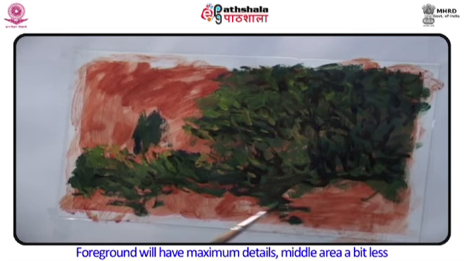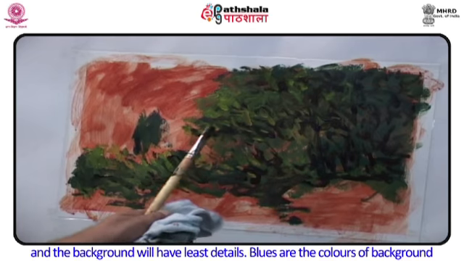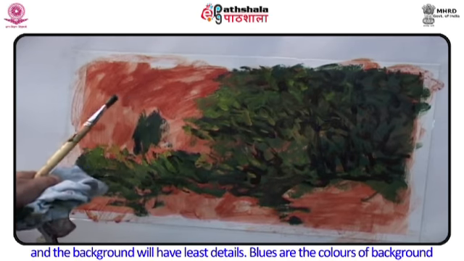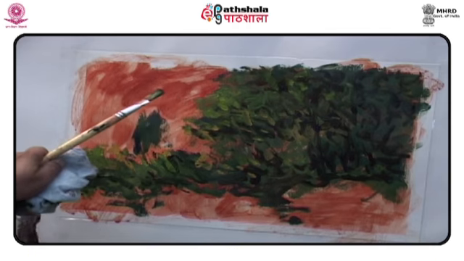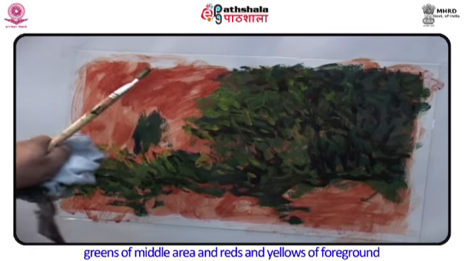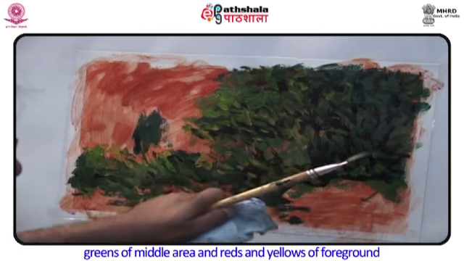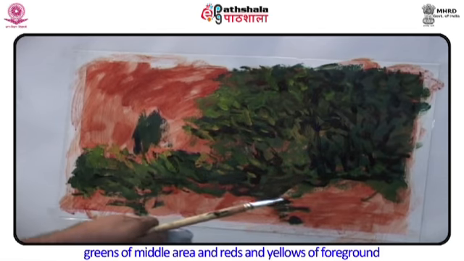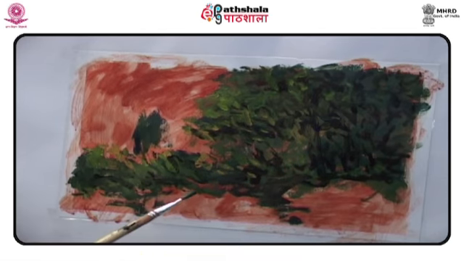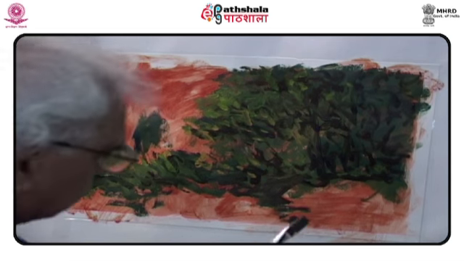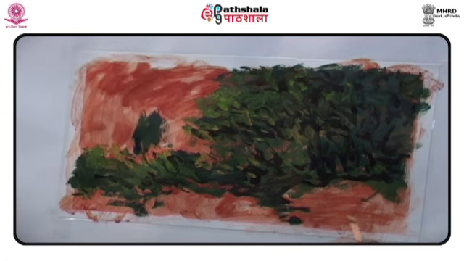Foreground will have maximum details, middle area a bit less, and the background will have least details. Blues are the colors of background, greens of middle area, and reds and yellows of foreground. More patches of yellow occur here.